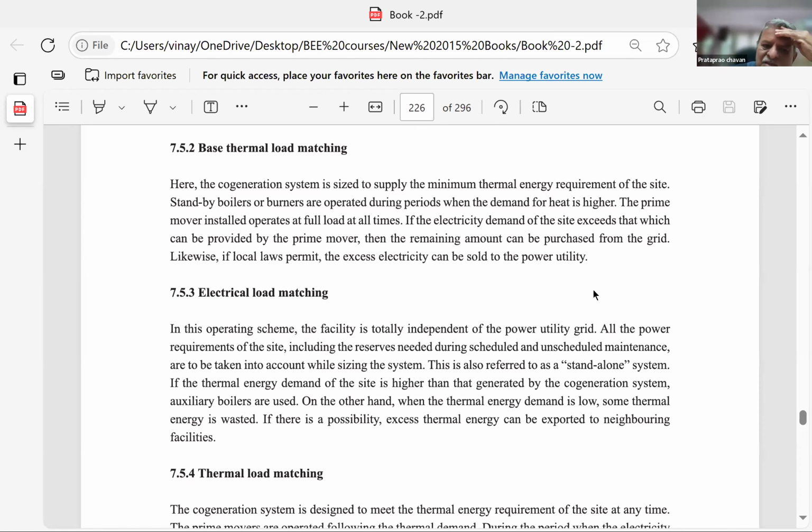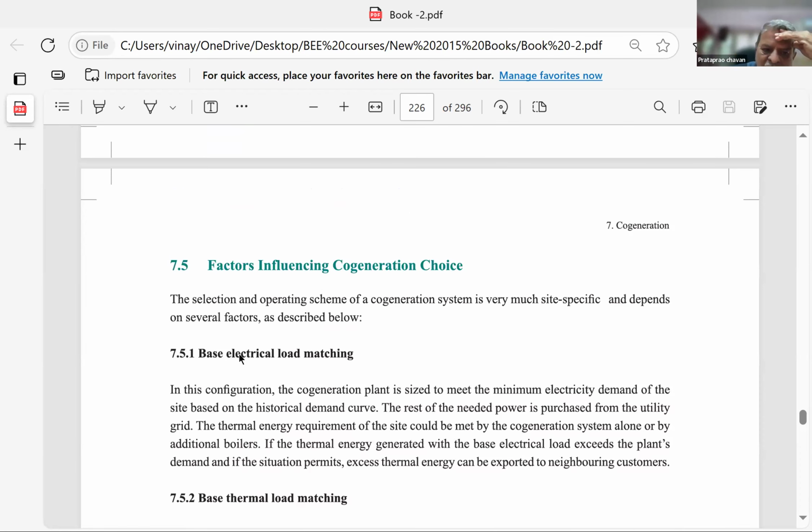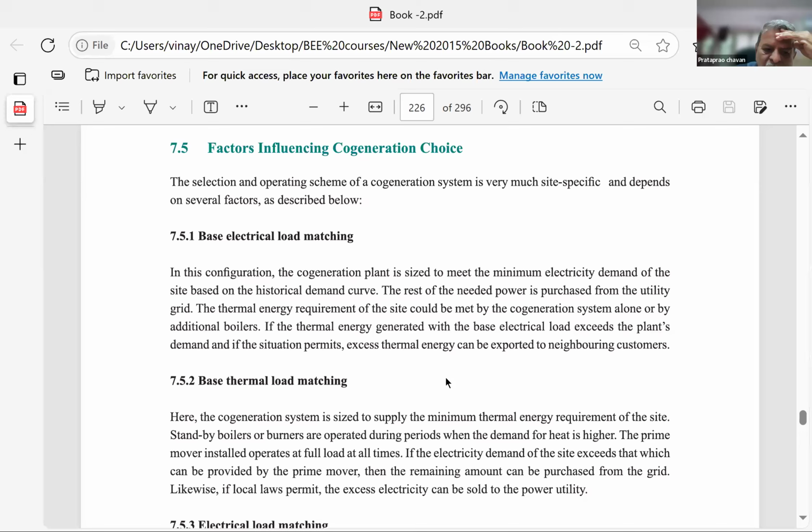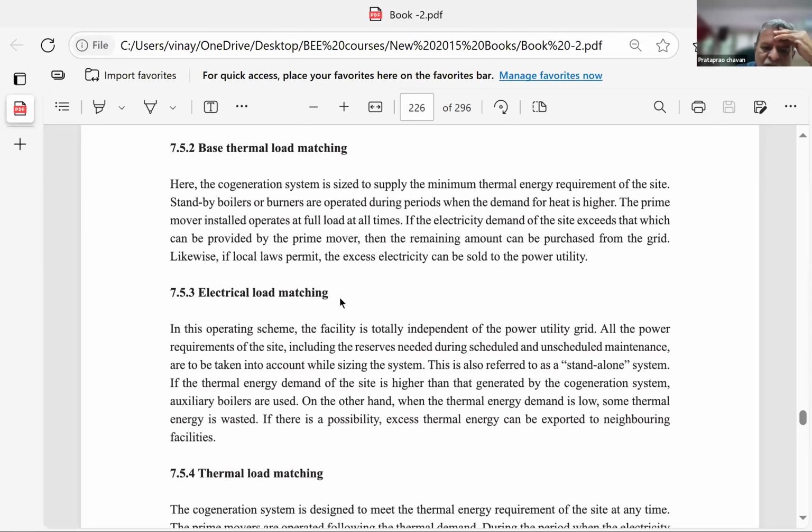What are these two things? Same thing, no? Electrical load matching, but the word base is not here. That means if my requirement is 5 megawatt occasionally and the base is 4.5, and I give him a plant for 5 megawatt, that is the upper edge of his electrical load. Then the owner says, sir, whatever happens, cost is no problem.